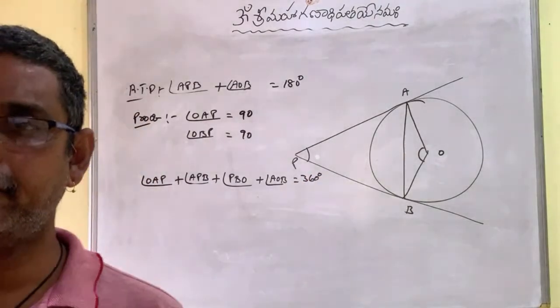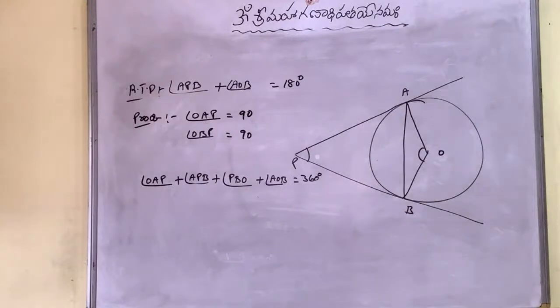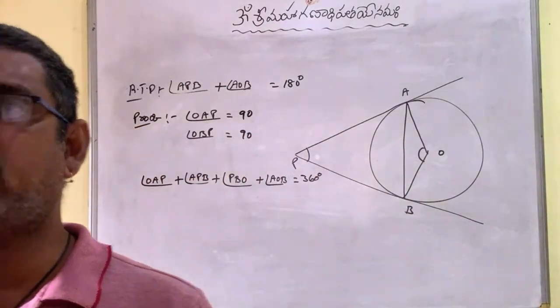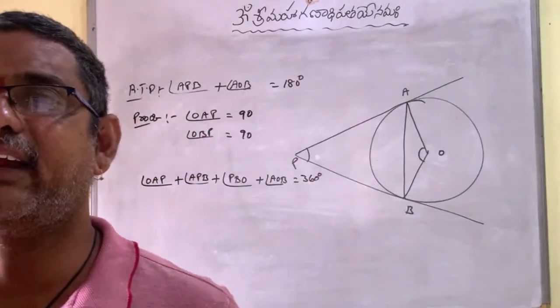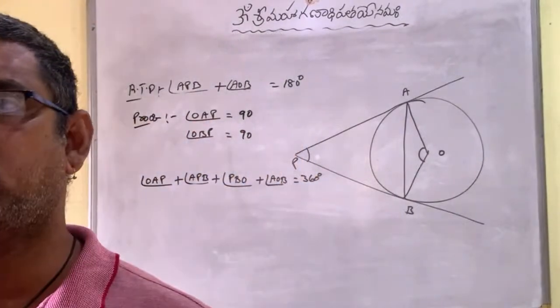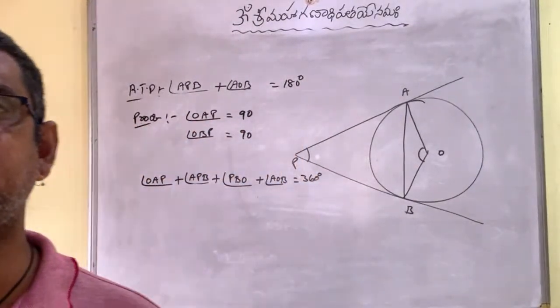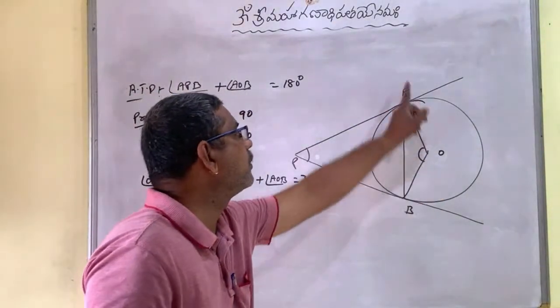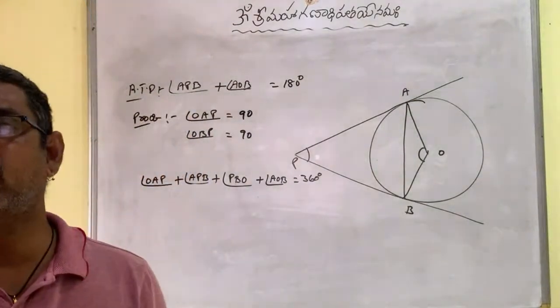Why 360 degrees? Quadrilateral. The sum of interior angles of a quadrilateral is 360, because OAPB is a quadrilateral.